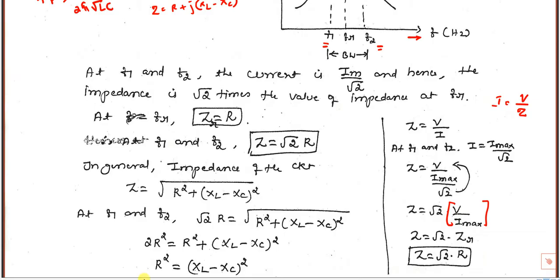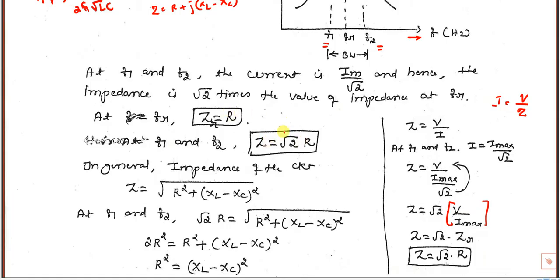Remember this formula; it is not required to write in the exam. At F1 and F2, the impedance will be equal to root 2 times R, where R is the value at resonance, purely resistance.